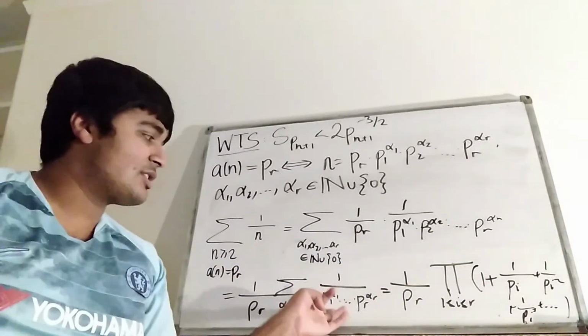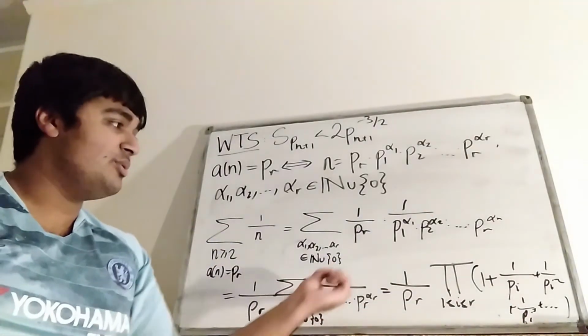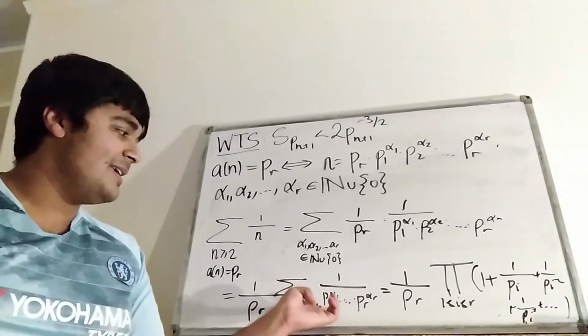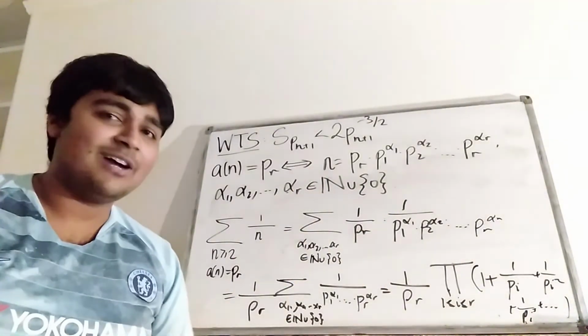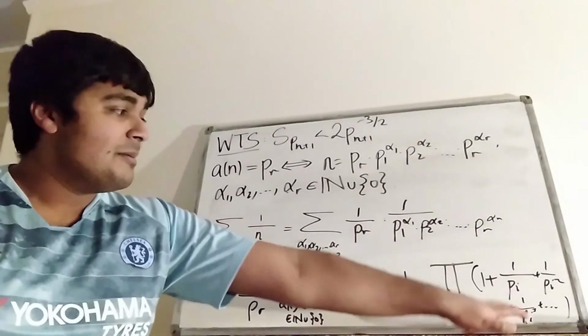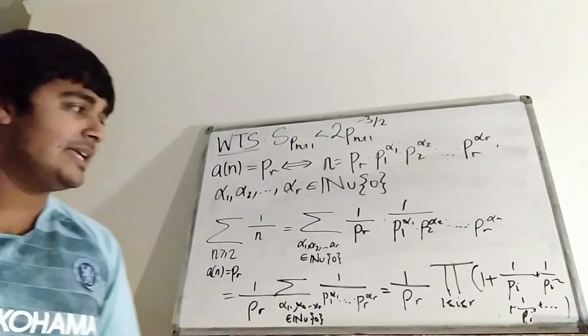The reason is that if you look at the alpha_1 term of the first element, and then multiply that by the alpha_2 term of the second element, and so on, you get 1 over p_1 to the alpha_1 times 1 over p_2 to the alpha_2, all the way up to 1 over p_r to the alpha_r. And that's why this equals this. Each factor here is just a geometric series, 1 plus 1 over p_i plus 1 over p_i squared, and so on.